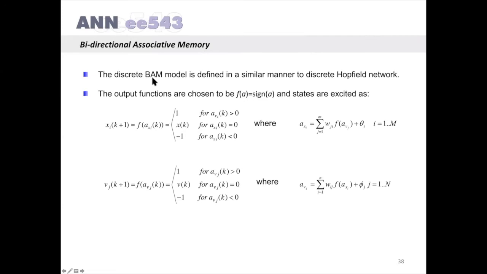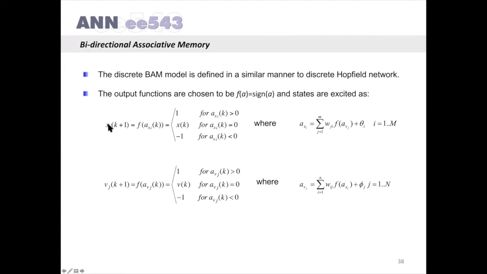The discrete BAM model is defined in a similar manner to the discrete Hopfield network. The output functions are chosen to be f(a) equal to sign(a), and states are updated as xi at k plus 1.